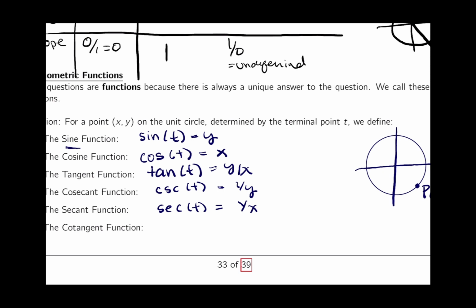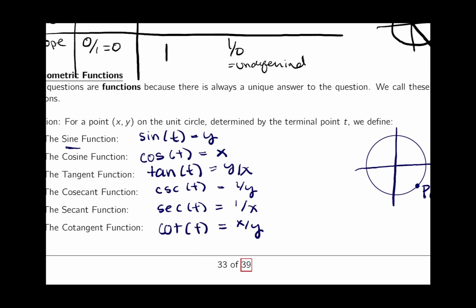And the cotangent, abbreviated COT, is going to be the x divided by the y value. All of these are functions of t, which is why we have this "of t" right here. This means that for every input t, you might get a different answer out as your x value or y value or 1 over x or however the rule is defined.